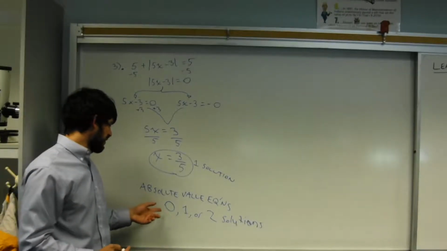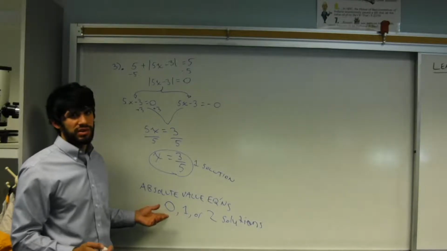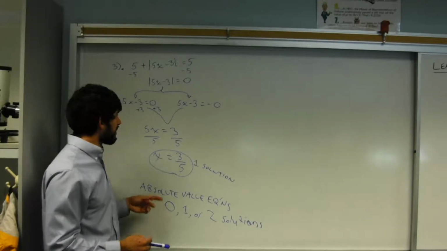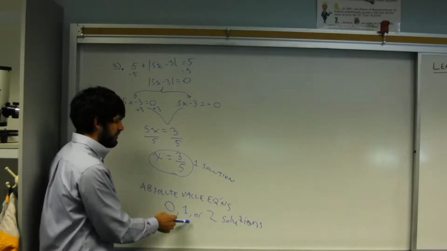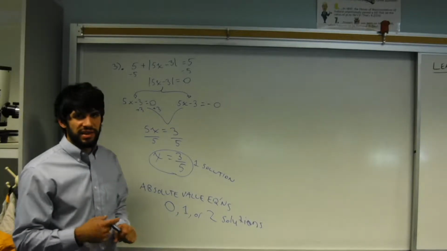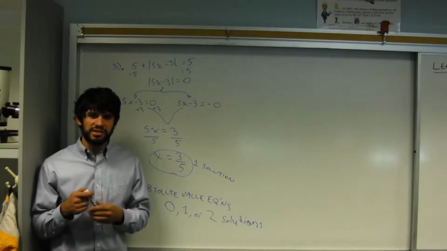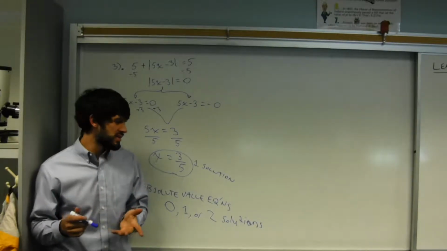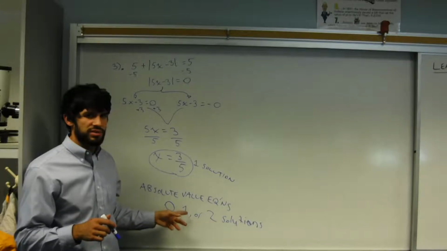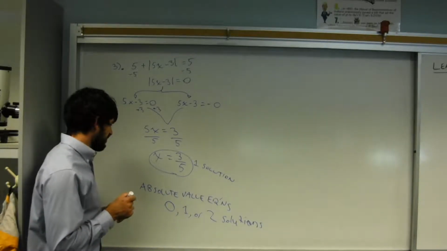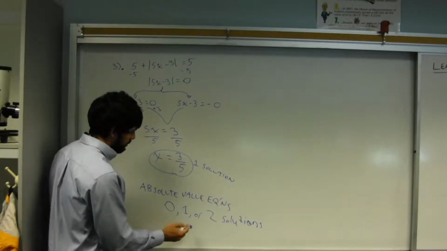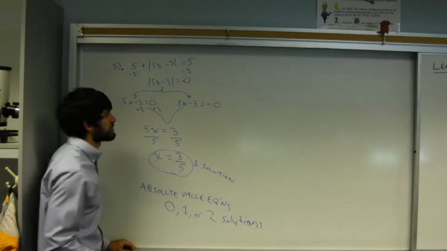But be on the lookout for those that have no solutions, and also be aware that if your absolute value is equal to 0, there's only going to be one solution. And additionally, there are other cases that we're going to explore in just a few minutes in which we will also get one solution. So just be aware that absolute value equations can have either 0, 1, or 2 solutions.